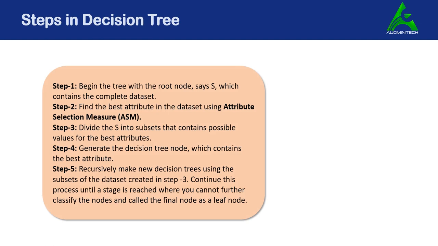Then we have step number four, where we generate the decision tree node which contains the best attribute. And then step number five, recursively making new decision trees using the subsets of data created in step three. And then continue this process until a stage is reached where you cannot further classify the nodes, and call the final nodes leaf nodes.